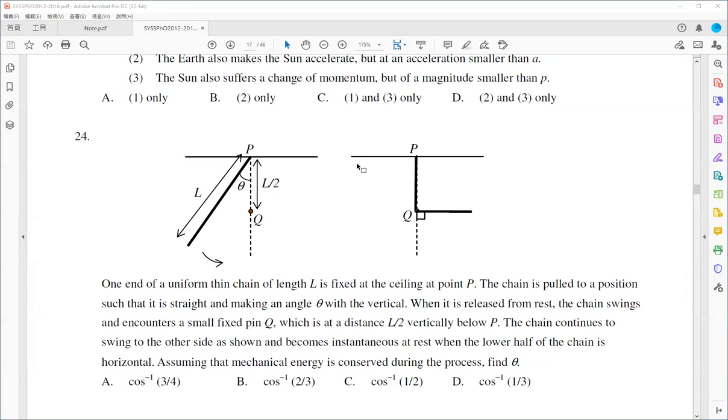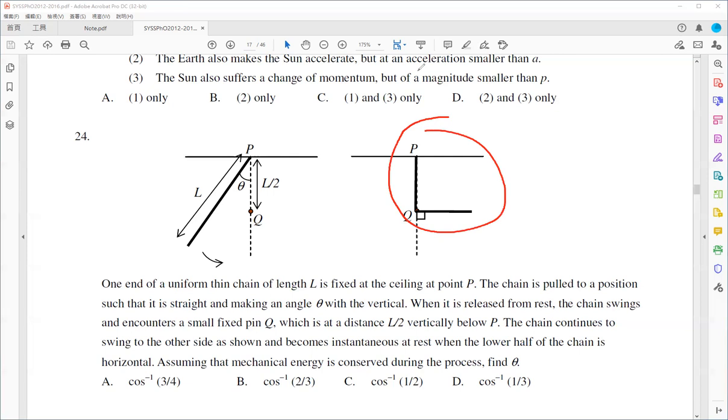Okay, now this is about conservation of energy. Initially this is at rest, and when it's in this L shape, it's also at rest. So we just consider the conservation of energy.